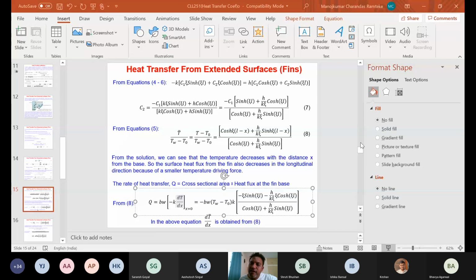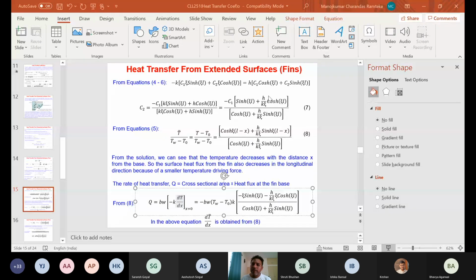So we can differentiate this equation with respect to x. This T bar we have obtained. So this TW minus T naught will come on the right side, multiplied here by k as it is, and the differentiation of this is written here. And again, remember this is calculated at x equals 0, so all the terms corresponding to x are here.